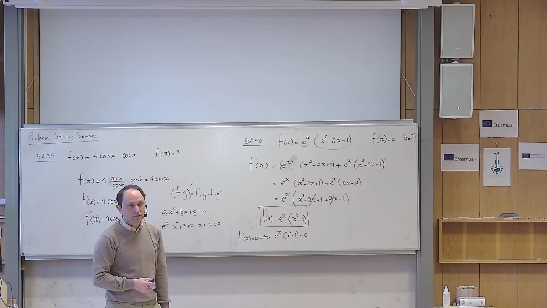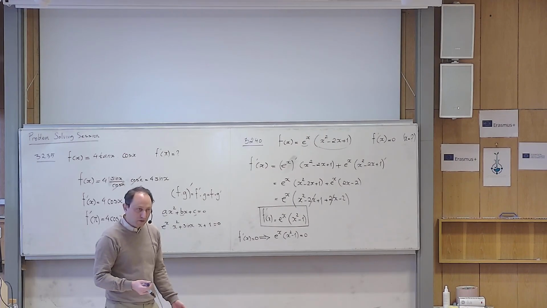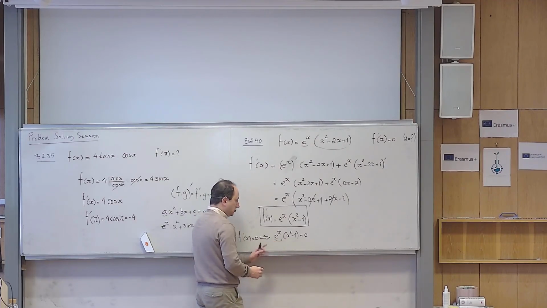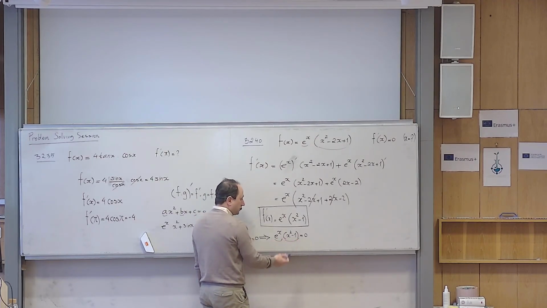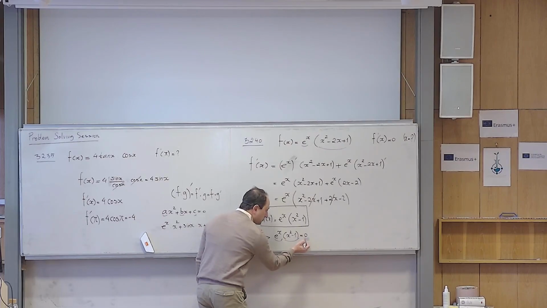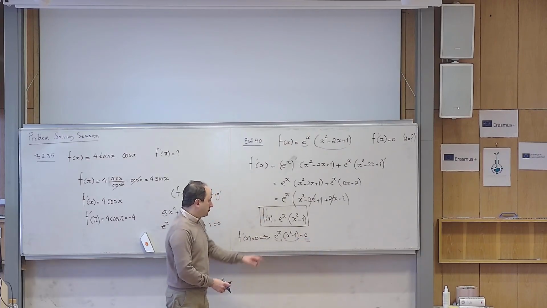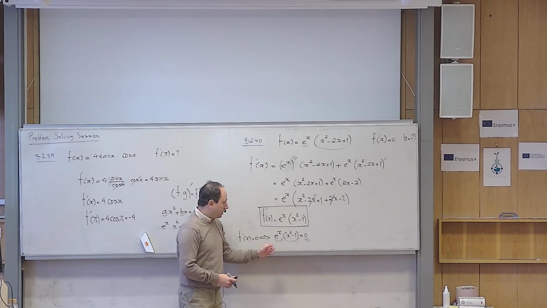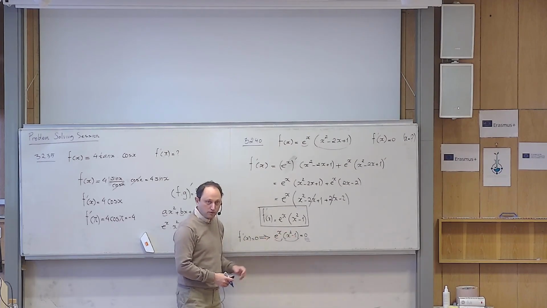Anyone else? Yes? Use the zero product rule. Zero product rule, because you say to yourself that I have two numbers, one is this number, and the other number is equal to zero. Zero is important in this case. The product of two numbers is equal to zero. This cannot happen unless at least one of them is equal to zero.